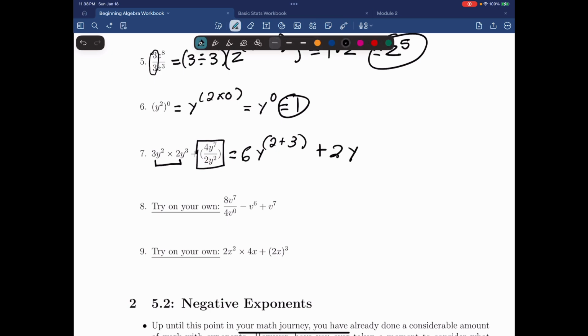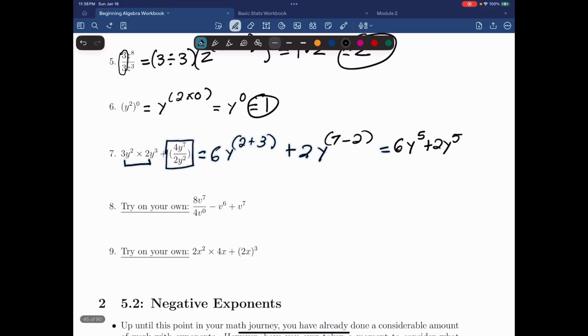And then we're going to multiply that by y raised to the 7th power minus 2. Now to simplify this, 2 plus 3 is 5, so we're going to get 6y raised to the 5th power. And then we're going to add 2y. 7 minus 2 is 5.